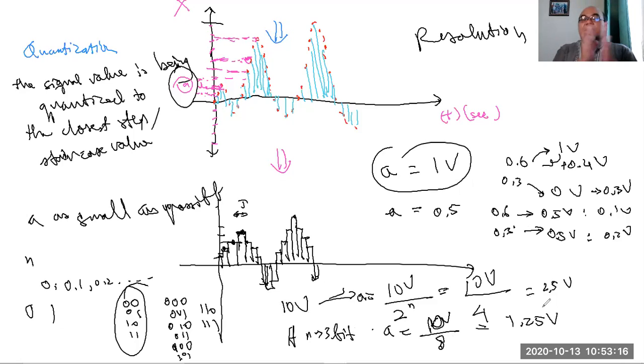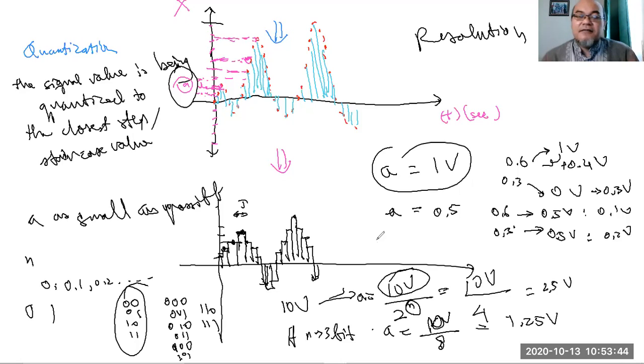The level A will be 1.25 volts. So the resolution which we obtain depends on the reference voltage as well as on n. And n is how many binary digits we use to represent the analog signal as a digital signal.